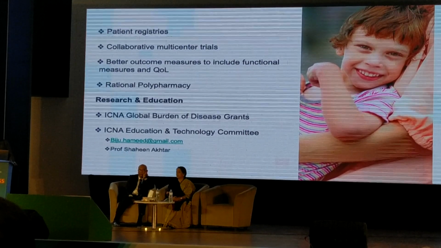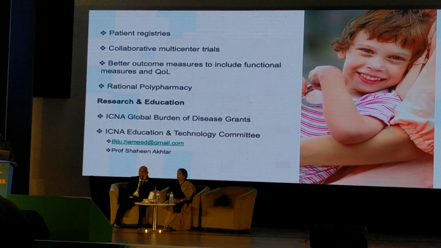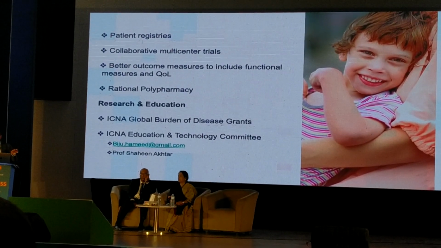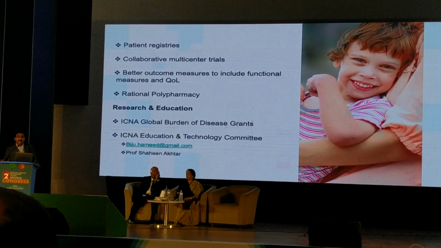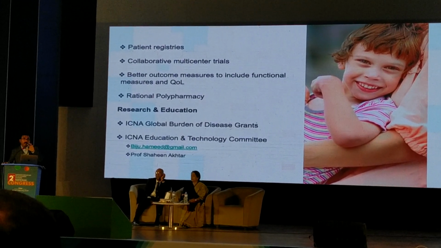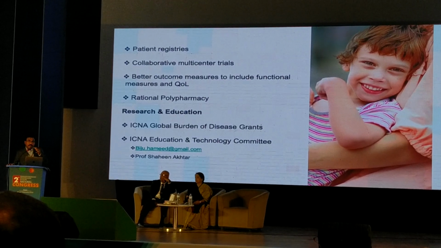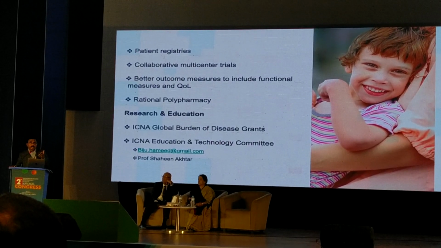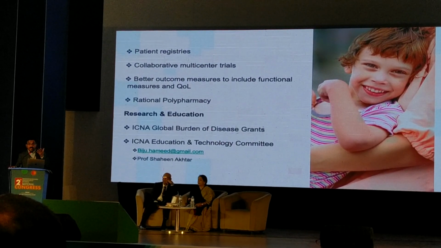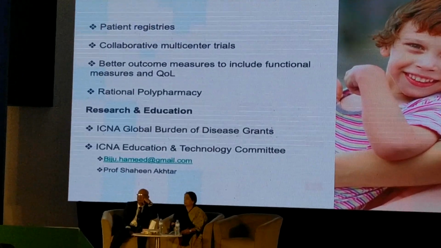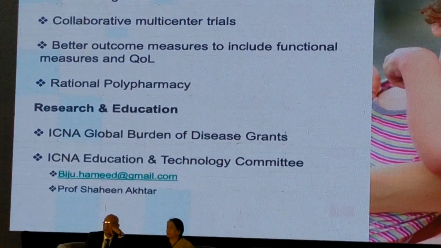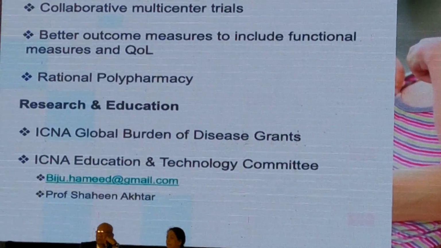Professor Shaheen also works very closely with the International Child Neurology Association, and she's a member of the executive board. I think this is the right time and opportunity to highlight the situation and work together to develop pediatric neurology services, particularly movement disorders and other neurodisability in Bangladesh.